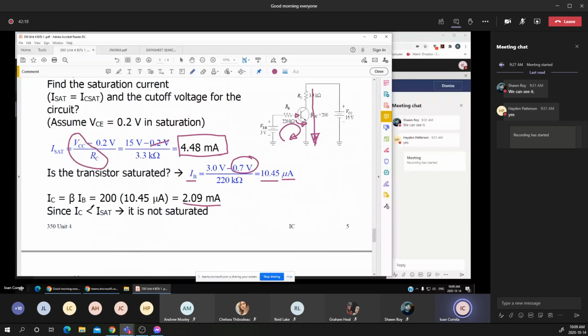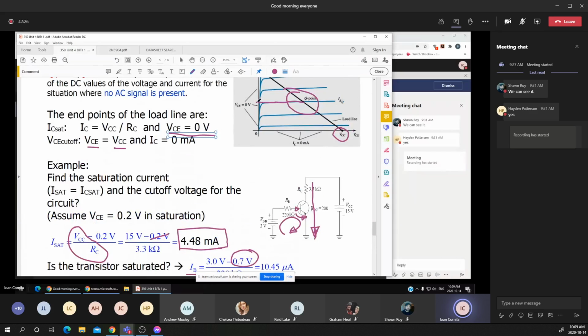And this is how we can determine if the Q point, or the collector current for a specific collector-emitter voltage, is midway, or in the middle area of the load line.